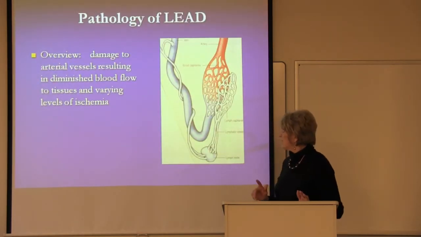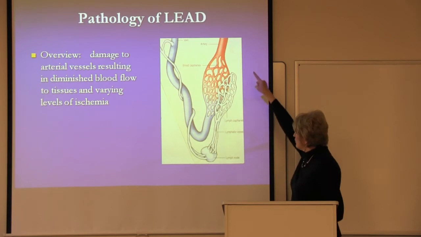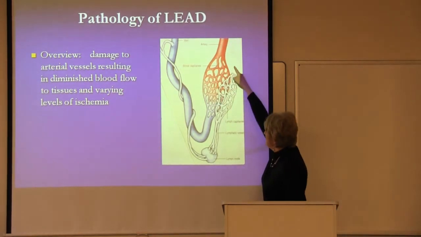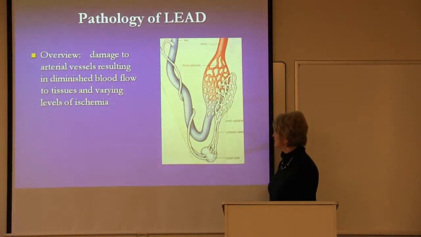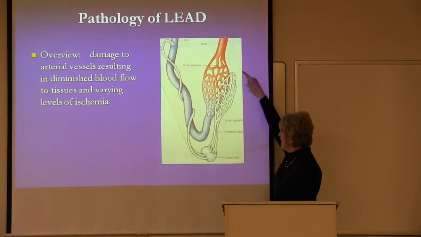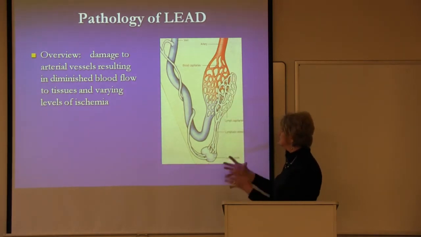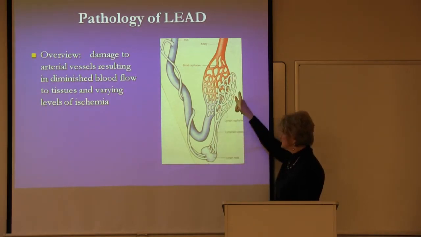We've already talked about the fact that when we talk about arterial ulcers and arterial disease, we're talking about the arterial side of the vascular system. And we know that the main job of the arterial side of the vascular system is to deliver oxygen and nutrients to the tissues.